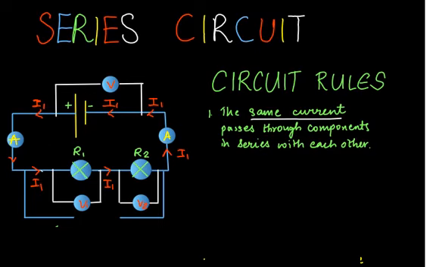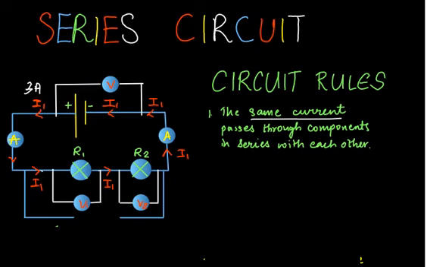In other words, suppose, I'm giving you hypothetical examples, the current in the circuit at the first I1 from the positive terminal is 3 amps. So that means the same 3 amps is going around everywhere in the circuit.